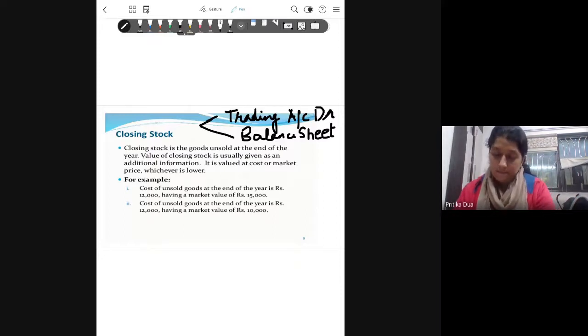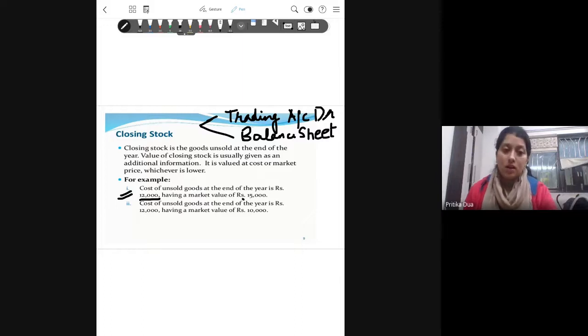Also, you can have a different language for the adjustment of closing stock, like it is given here. Cost of unsold goods at the end of the year is rupees 12,000, having a market value of 15,000.